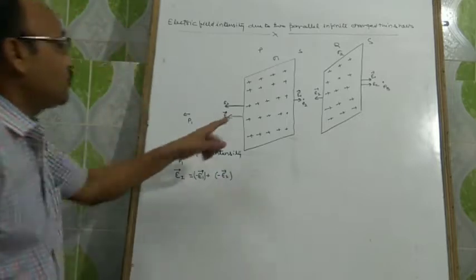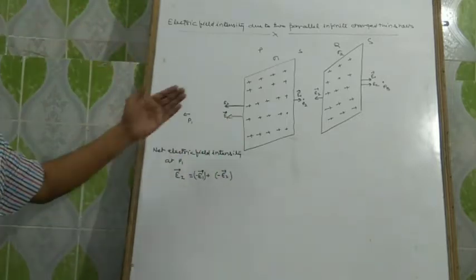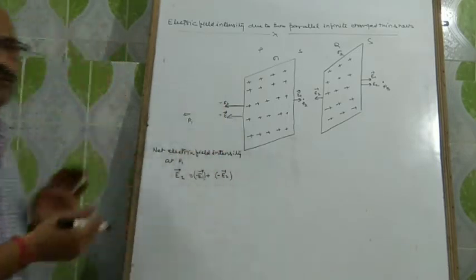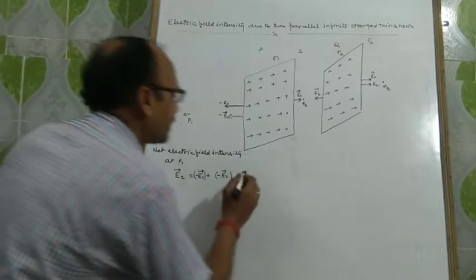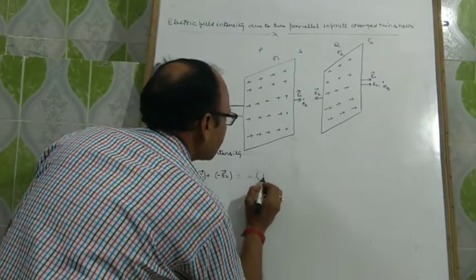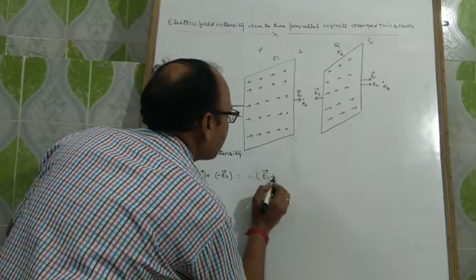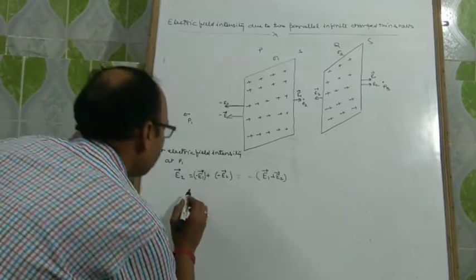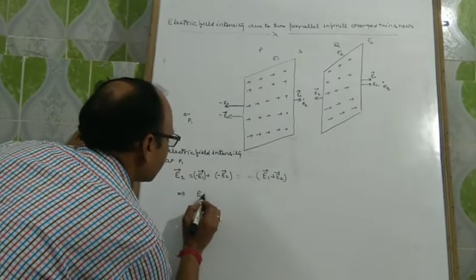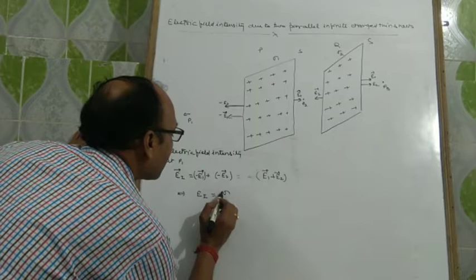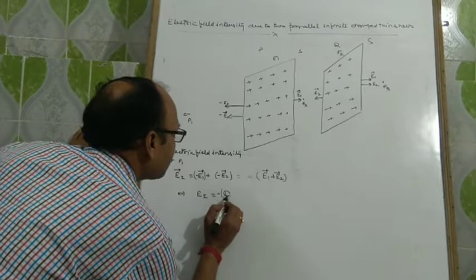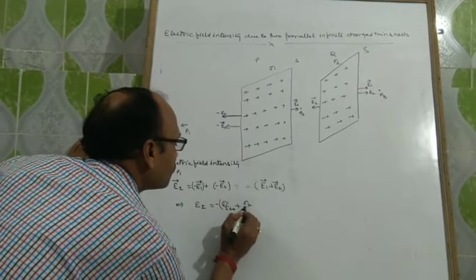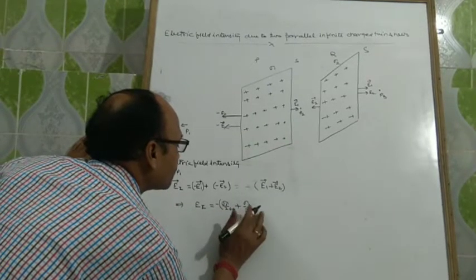Why? Because you are on the left side of both the sheets. This can be written as minus E1 minus E2, taking the common factor, so E first will be equal to minus sigma 1 upon 2 epsilon naught minus sigma 2 upon 2 epsilon naught.